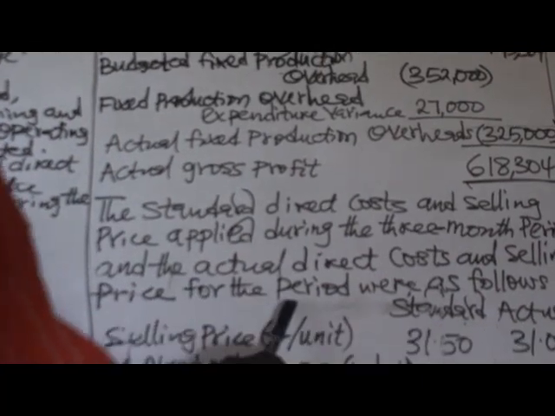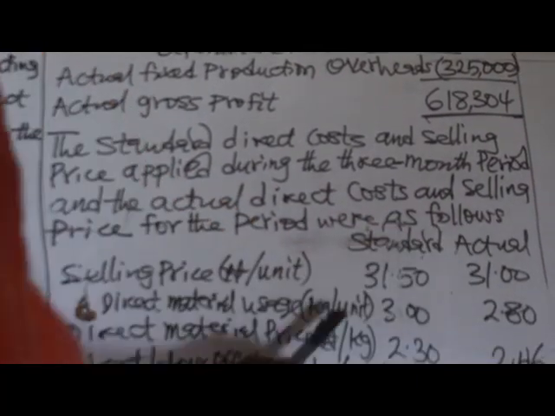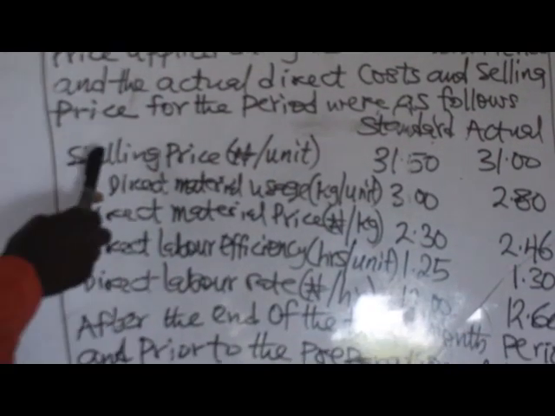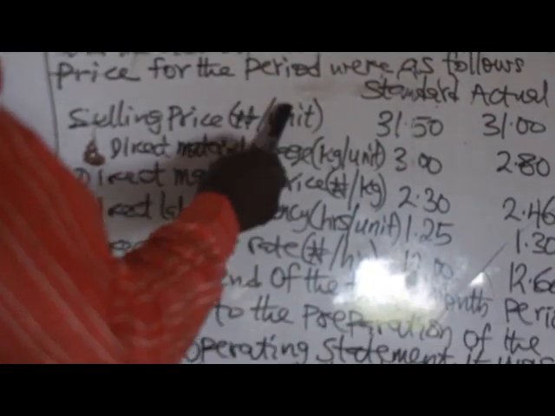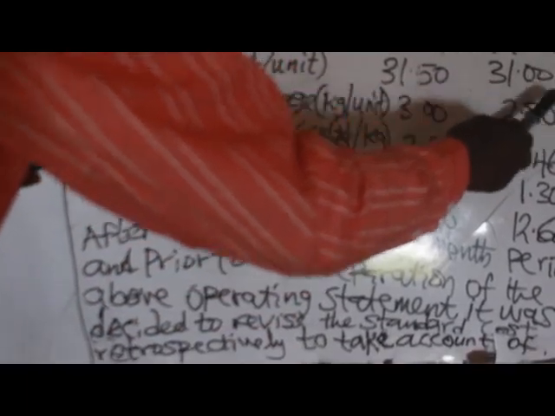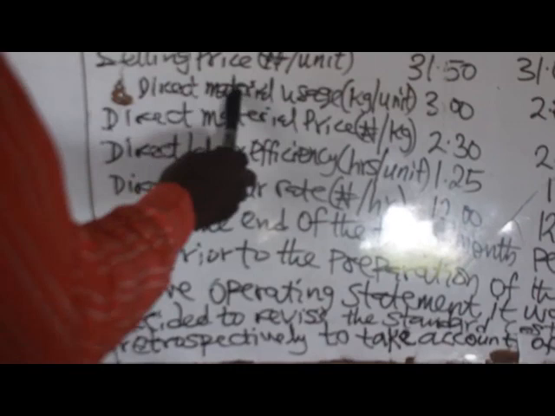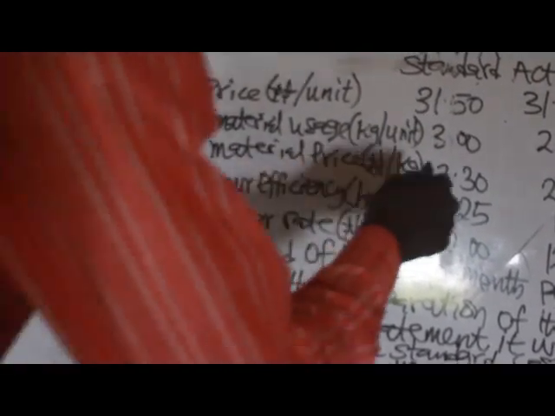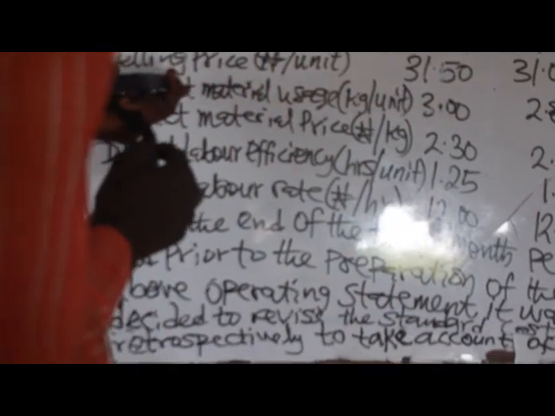The standard direct cost and selling price applied during the 3 months period, and the actual direct cost and selling price for the period were as follows. We have the standard and actual. Selling price, naira per unit: the standard is 31.50, while actual is 31 naira. Direct material usage, kilogram per unit: 3.00 for standard, and the actual is 2.80.